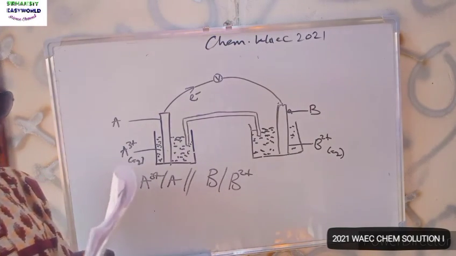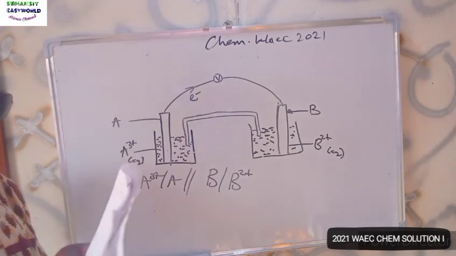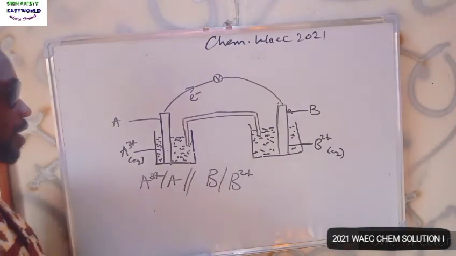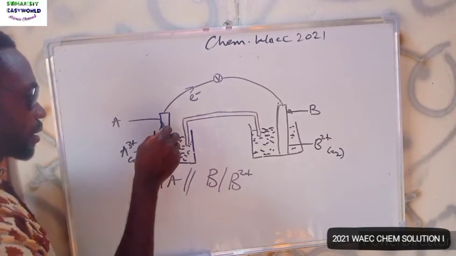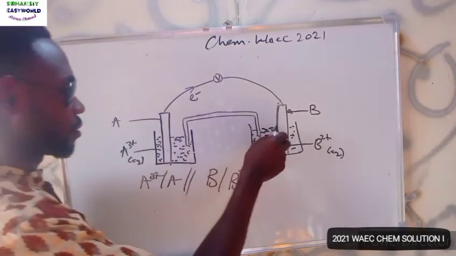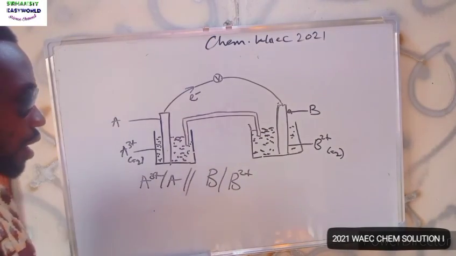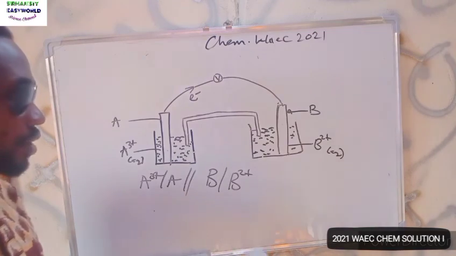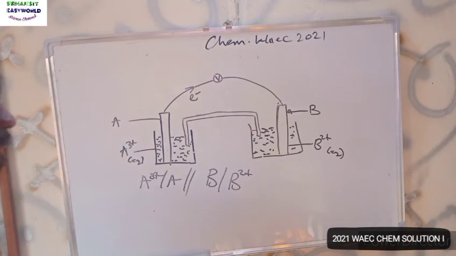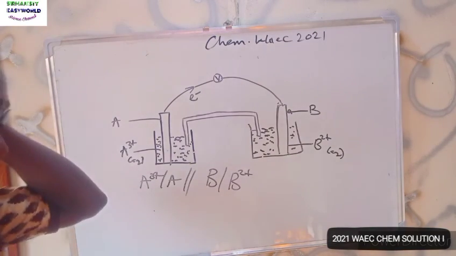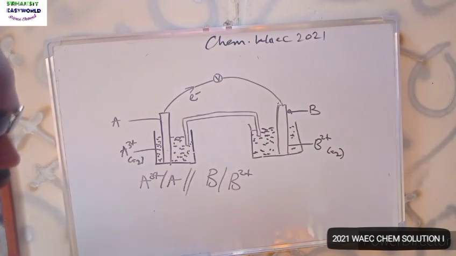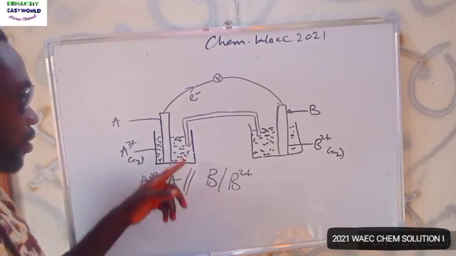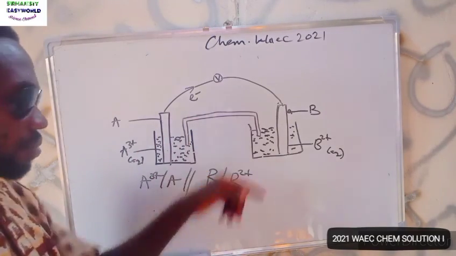The ion is aqueous while the metal is the electrode. So it's option B. Like in your Daniell cell, made up of the zinc ion, zinc metal system and a copper metal, copper ion half cell. This is a half cell, this is a half cell, and this slash is showing a salt bridge connecting them.